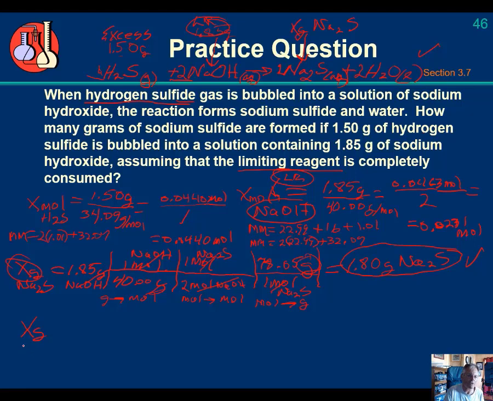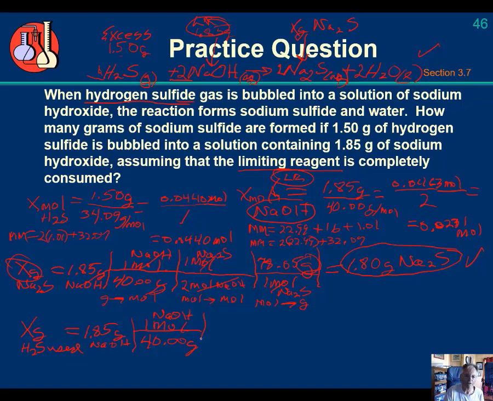So this is X grams of H2S used in the reaction. And so we'll start with our limiting reactant, 1.85 grams of sodium hydroxide. And we'll convert grams to moles of sodium hydroxide.